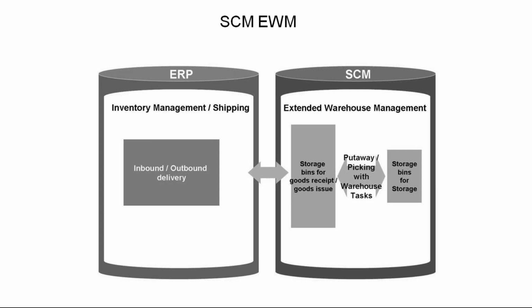Basically, it's like this. Let's say I created a material. I have a plant 1000, and I've created the material in plant 1000. Now, imagine that I'm implementing EWM for plant 1000, and whatever data you created in plant 1000, EWM will be able to read that data. But again, warehouse specific data, whatever you'd like to maintain, such as your stock placement indicator, stock removal indicators, and any other information specific to EWM.